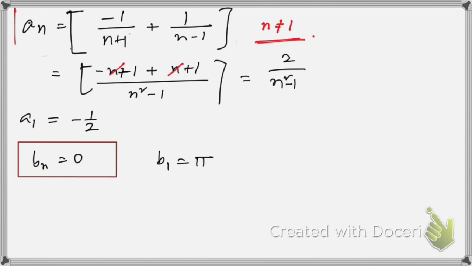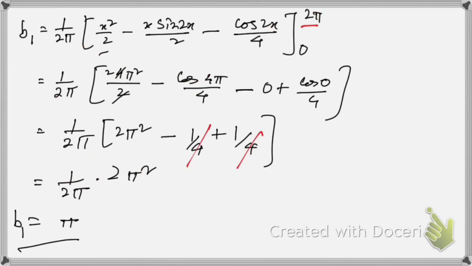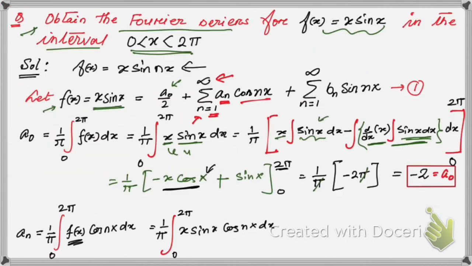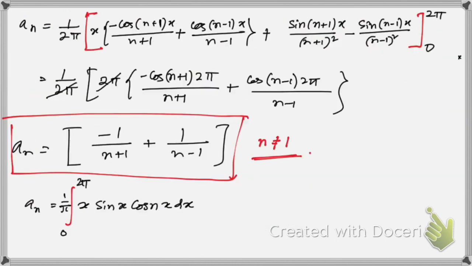What was the equation number 1? Let me go back to the first slide. So here you see, and this is the equation number 1. So let me copy this equation number 1. The last slide is this.